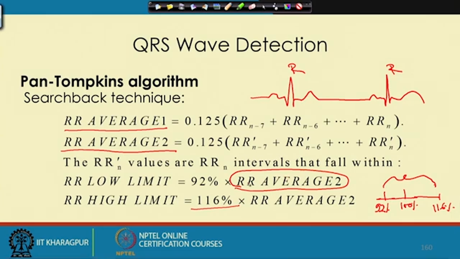If it goes outside that, then what could happen? If the RR interval is bigger than this limit, even above the 116%, that is an unusual kind of situation.